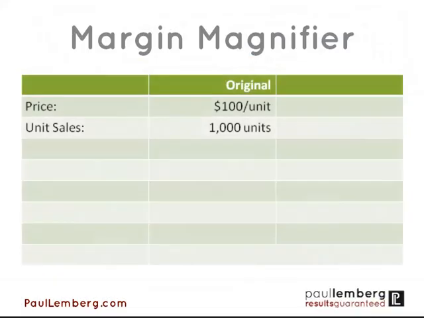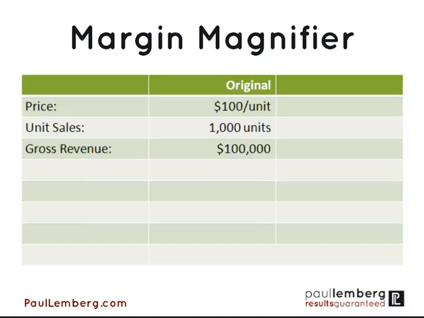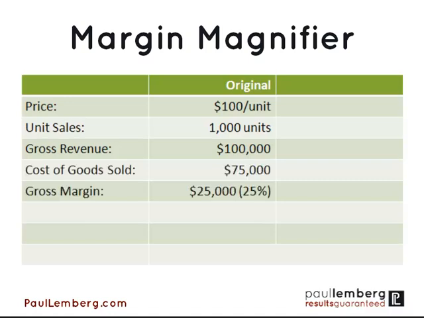So let's say that you run an online store where you sell a product for $100 each unit. And each month you sell 1,000 units, which translates into $100,000 in sales. Now, each one of these products costs you $75, which means that your total cost of goods sold for the month are $75,000.